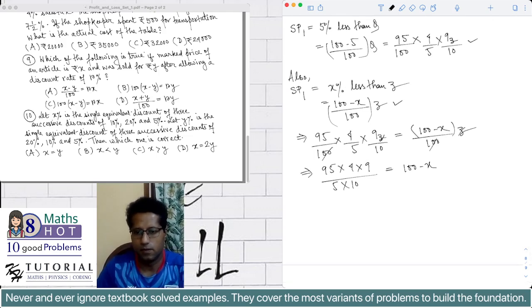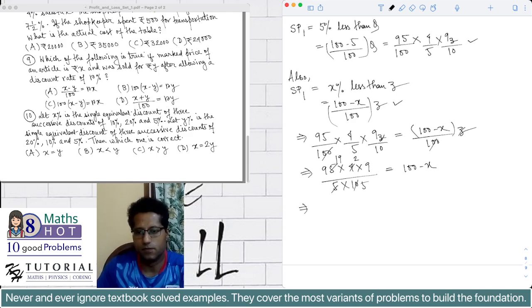If you simplify, 5 divides 95 with 19. 2 divides 2 and 5.